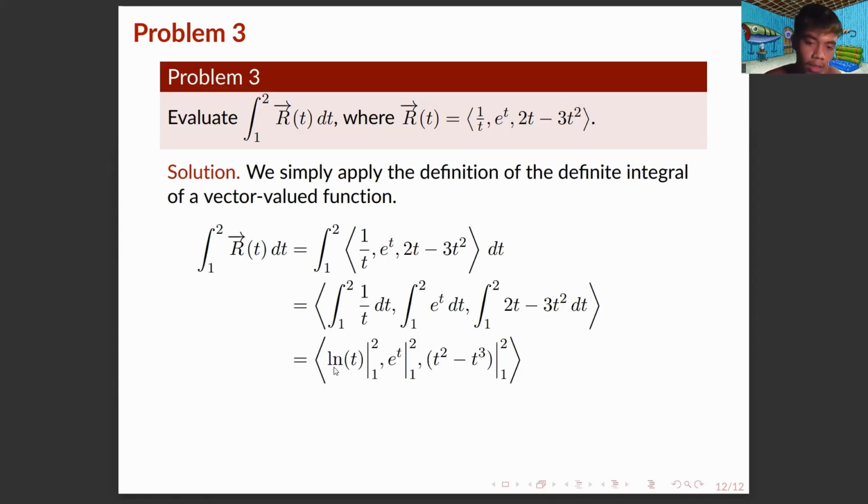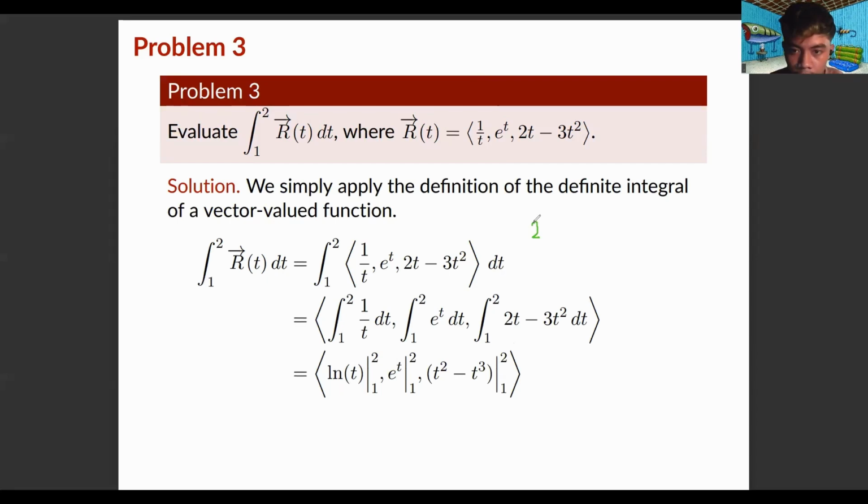Okay, and we have the integral of 1 over t dt is equal to the natural log of t, from 1 to 2. For the second component, this is equal to e raised to t from 1 to 2. And for the last one, let's solve it further. So we have the integral of 2t dt, and then negative the integral of 3t squared dt.